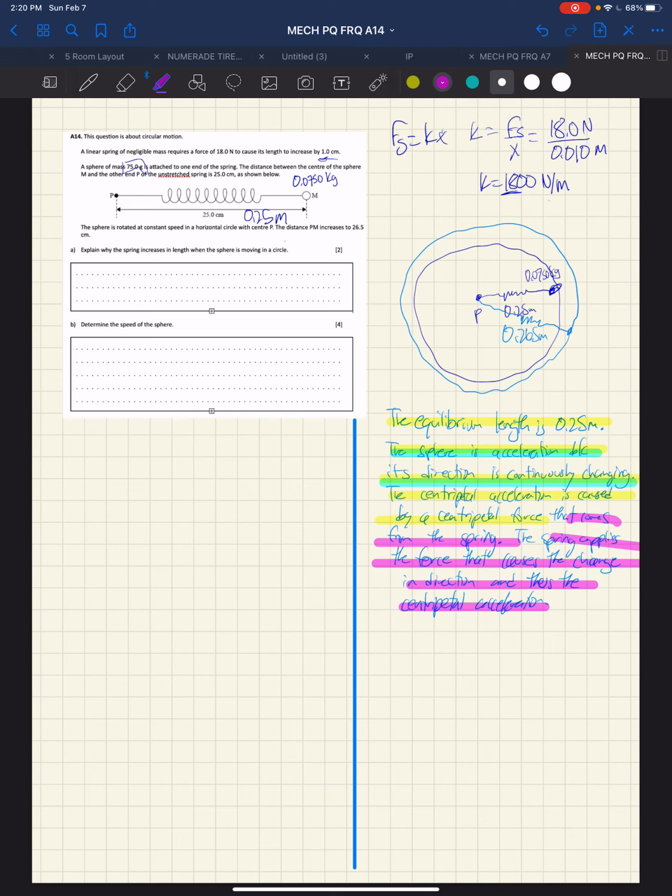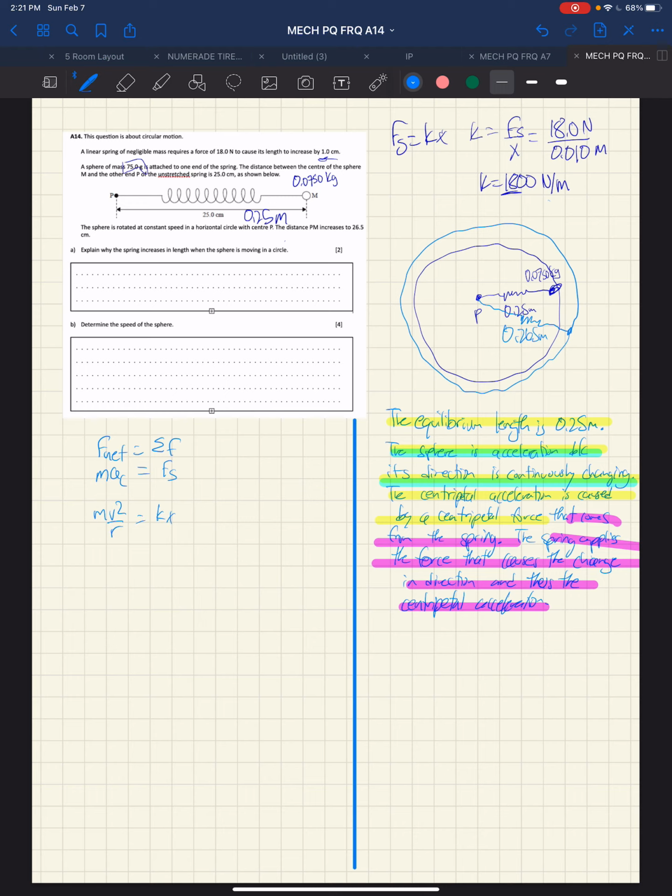The next question is to determine the speed of the sphere. Well, we have acceleration, and acceleration is often related to Newton's second law. So we have the net force is equal to the sum of the forces. The net force is equal to the mass times its centripetal acceleration. And the force in this case is simply the force of the spring. The acceleration is V squared over R, and the force of the spring is Kx.